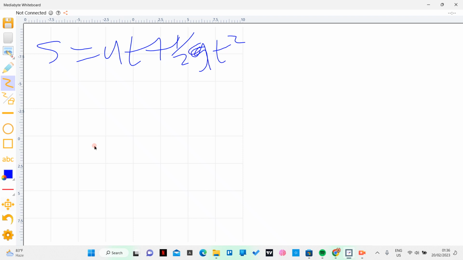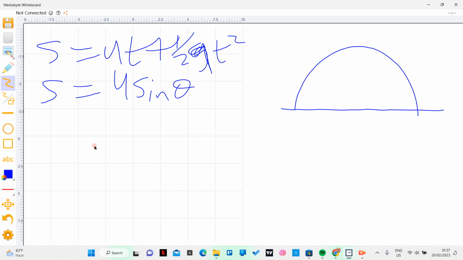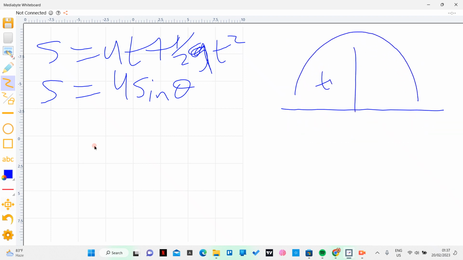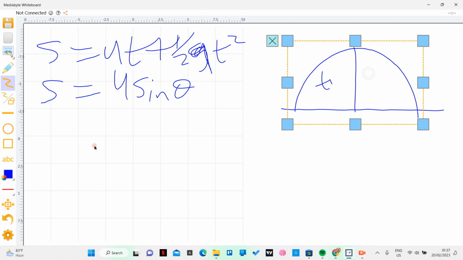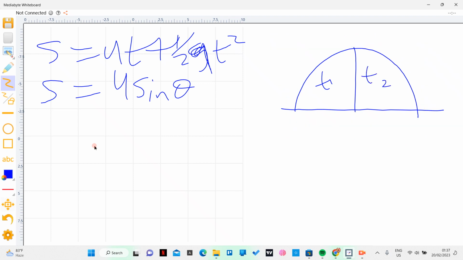Let's use half at squared. So now we are looking for our s. Now our u is what? Since we are using the vertical component, u is u sine theta. Then our t, we are going to use T1 for the first journey. You have T2 here too, but you're going to use T1.